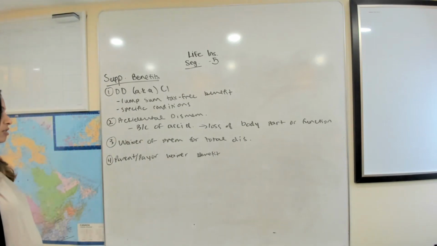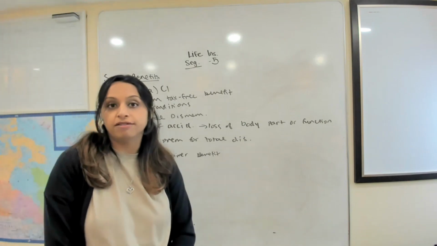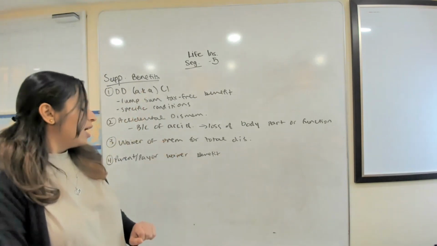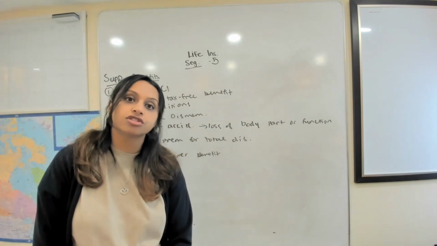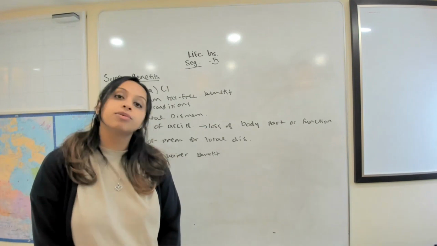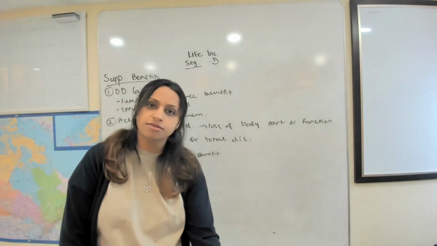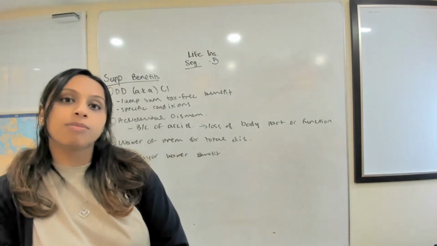And then the last one that we're looking at here is parent and payer waiver benefit. So similar to this one. So let's say the person who has the life insurance is a minor and the parent is paying for them, or there's another person paying for them, or they're not able to pay for themselves, whatever the case is, so that there's a separate payer for the actual policy.